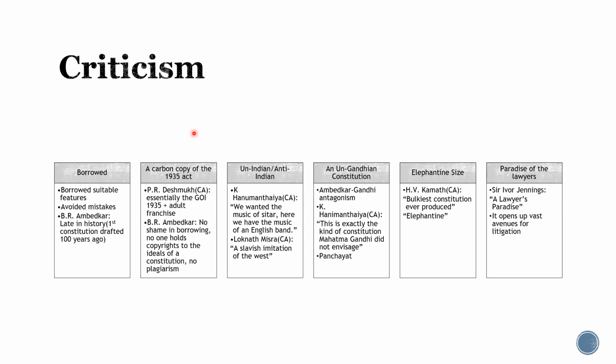It was also said that it is a carbon copy of the Government of India Act 1935. So, P.R. Deshmukh, who was a part of the Constituent Assembly, said that it is essentially the Government of India Act, just adding the adult franchise to it. In response to that, Dr. Ambedkar said that there is no shame in borrowing.